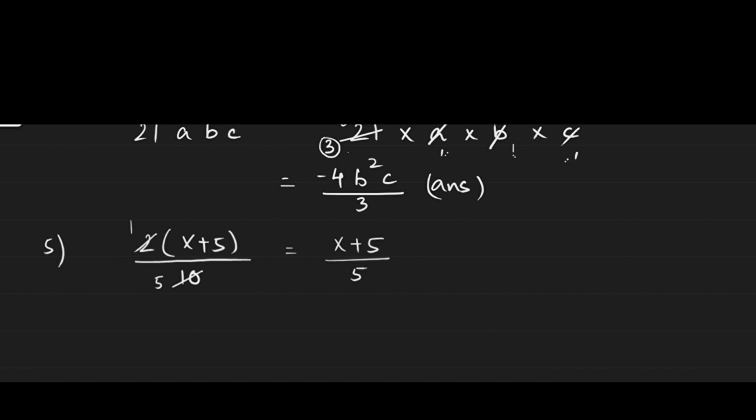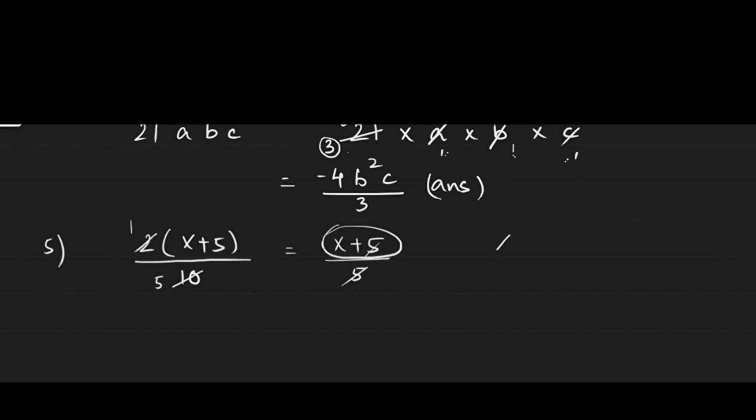This is my answer. Now the most common mistake is that students often tend to cancel this 5 with this 5, that 5 and 5 can cancel out each other. This is wrong because x plus 5 is a complete term in itself. It is not a product of terms.